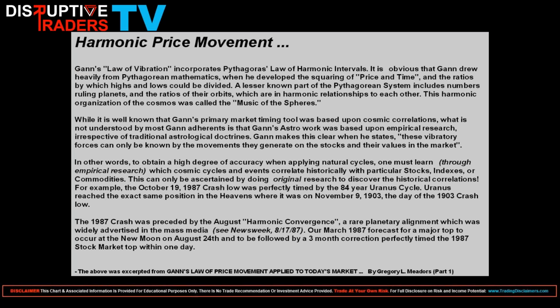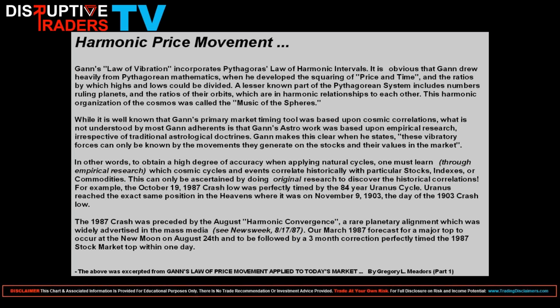In other words, to obtain a high degree of accuracy when applying natural cycles, one must learn through empirical research which cosmic cycles and events correlate historically with particular stocks, indexes, or commodities. This can only be ascertained by doing original research to discover the historical correlations.